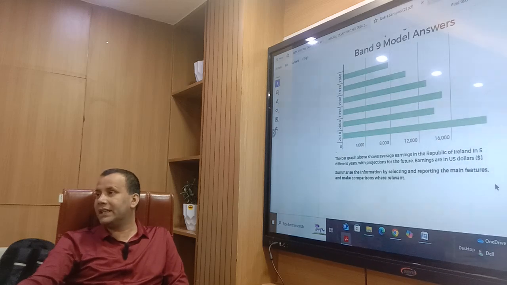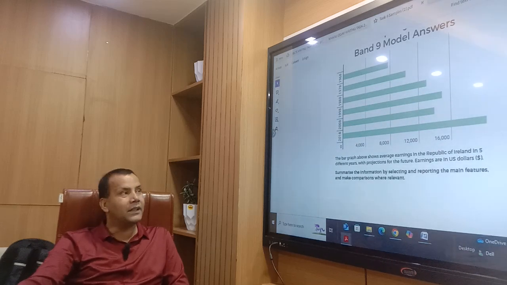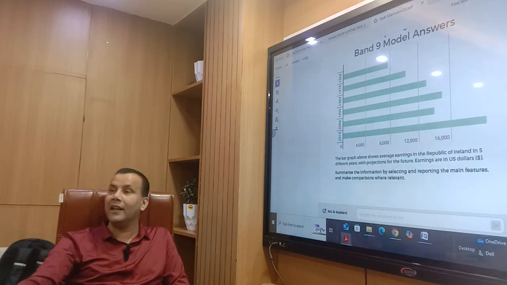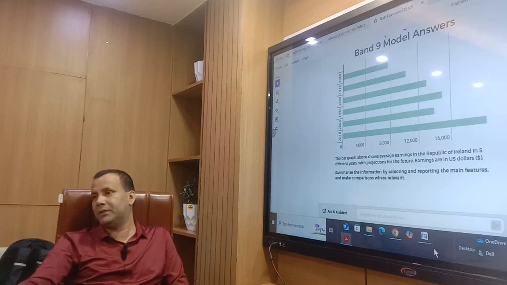Relevant means closely connected. Even though the question says summarize the information by selecting and reporting the main features, you don't have to explain everything. You have to explain very few things only. You have to do comparisons and show similarities. Now, what you need to do? You need to invest 5 minutes for understanding and writing subtopics of the question.